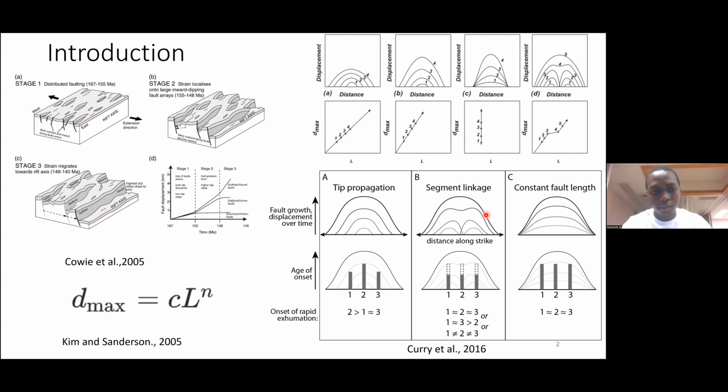And based on all these studies, there is an empirical relationship that exists between the maximum displacement and the length, where G max is the maximum displacement and L is the length. C and N are constants, different factors that can make this vary.